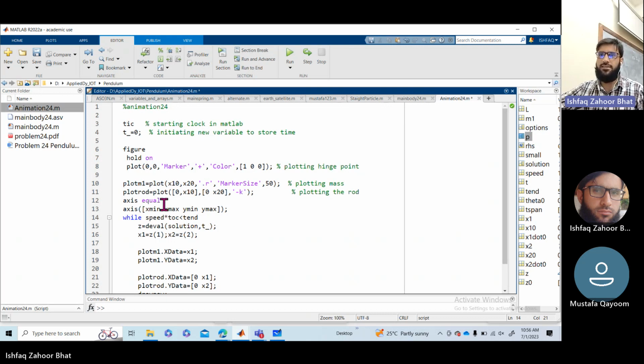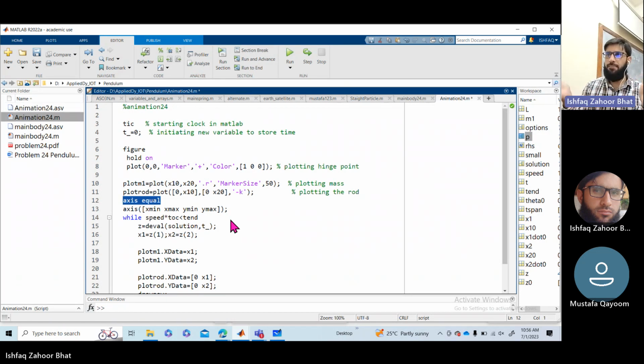And then this axis equal and axis minimum. Why is axis equal used? Because it scales your x-axis and y-axis equally. Otherwise, if MATLAB finds a lot of large values in the x-axis and smaller values in y, it will shrink your x-axis and elongate your y-axis in order to make the plot.